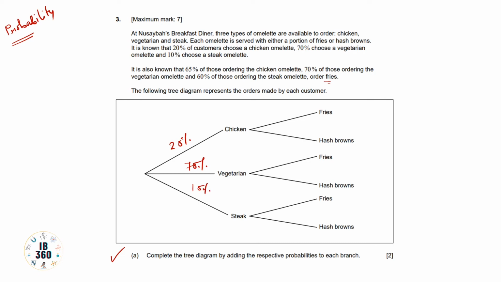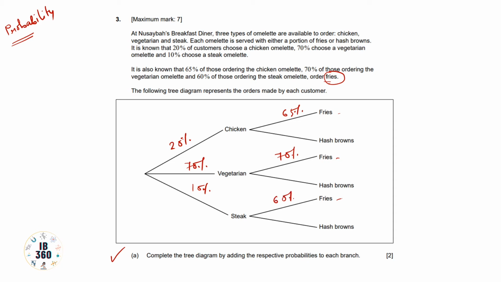Now for orders of fries, the percentages for each branch are: for chicken 65%, for vegetarian omelette 70%, and for steak omelette 60%.